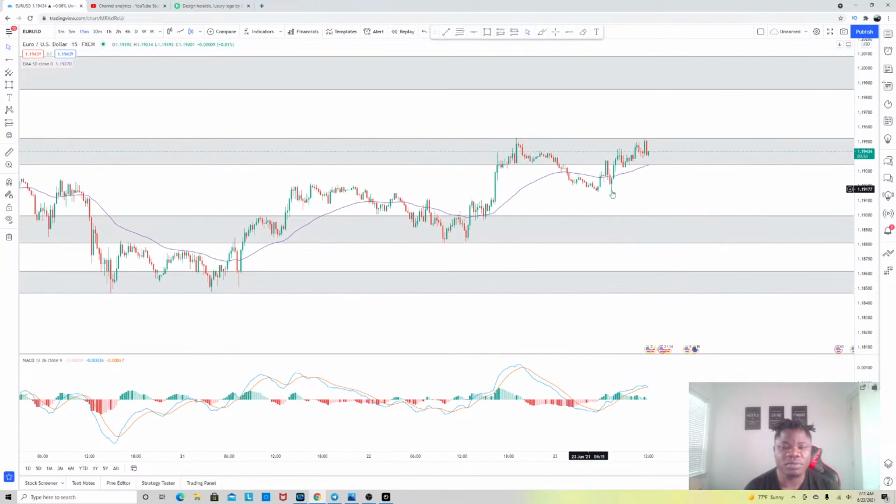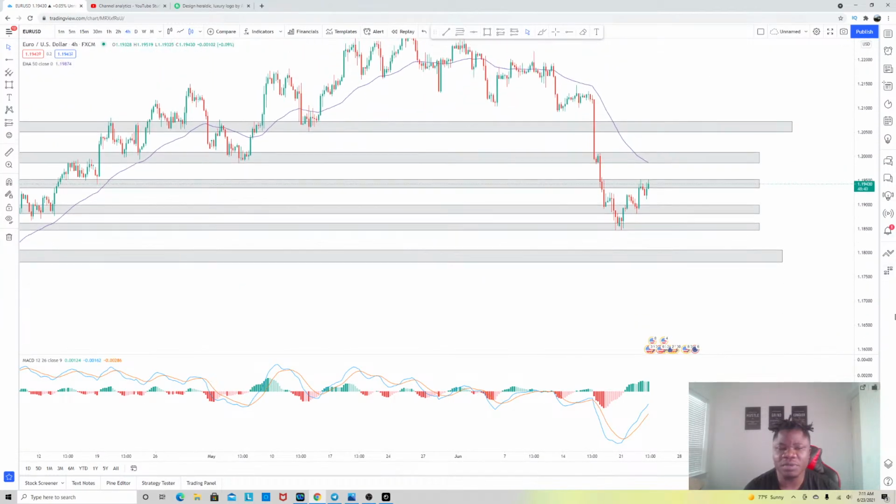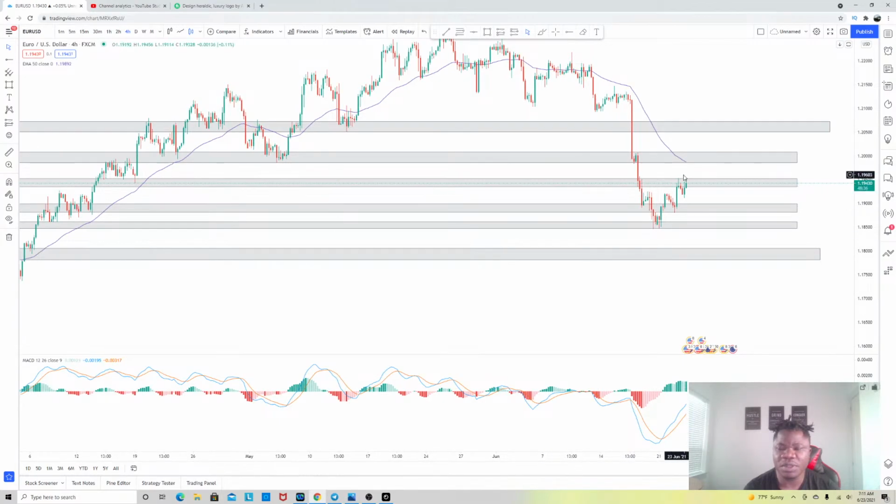So we have Euro USD right now trying to break resistance. If we go to the higher time frame, you can see that's what price is trying to do right now.